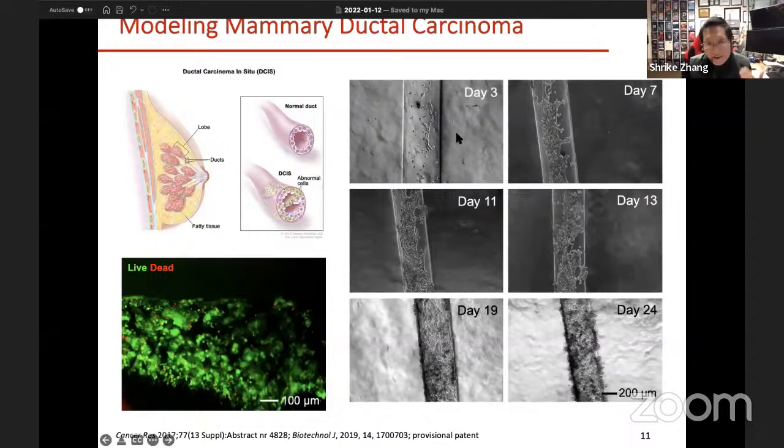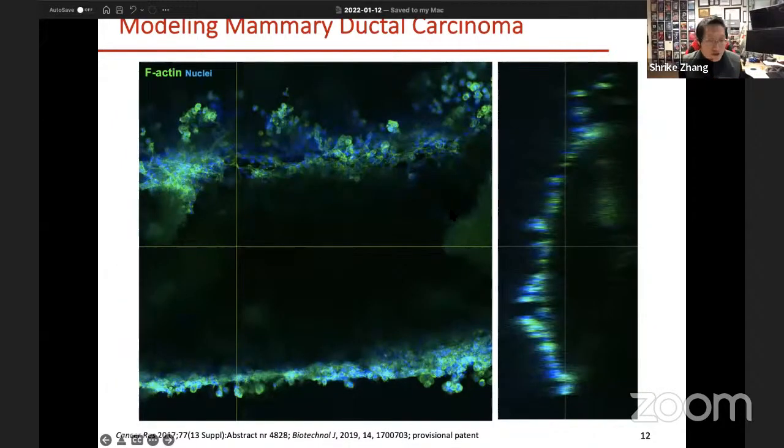If you culture the cells for long enough, you can see how the cells are gradually reaching confluency. But what's interesting is that once they became confluent, the same cells were able to also start to invade from the channels into the surrounding matrix, forming this invasive phenotype, as if the transition of DCIS to IDC, right, invasive ductal carcinoma.